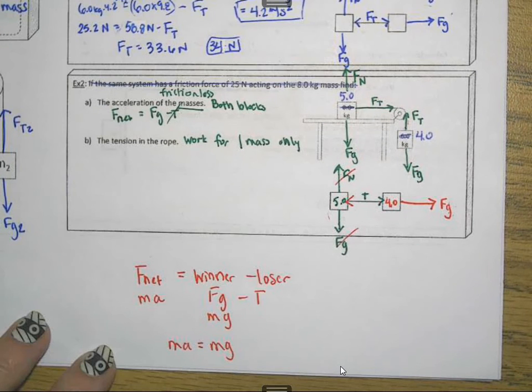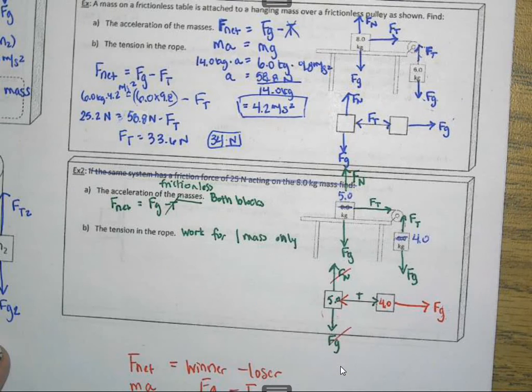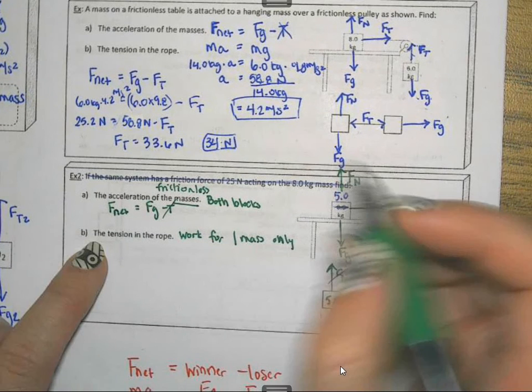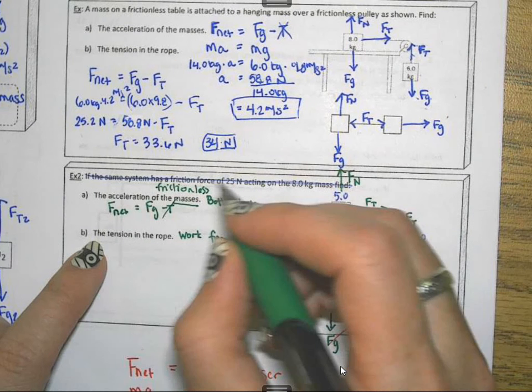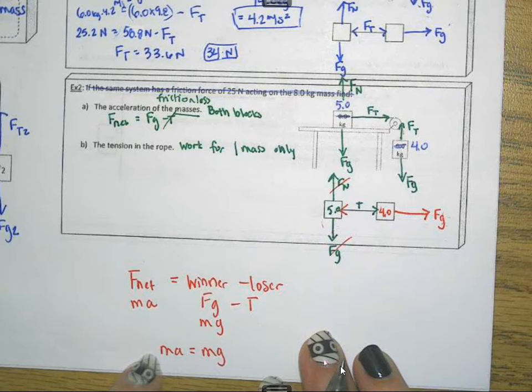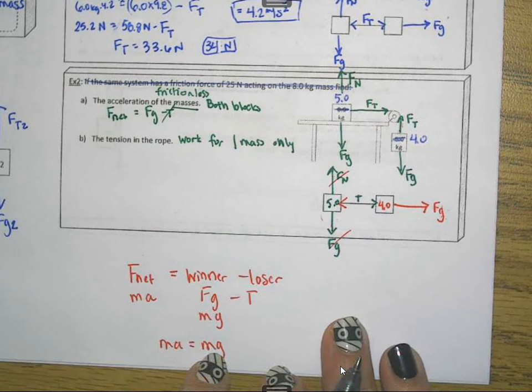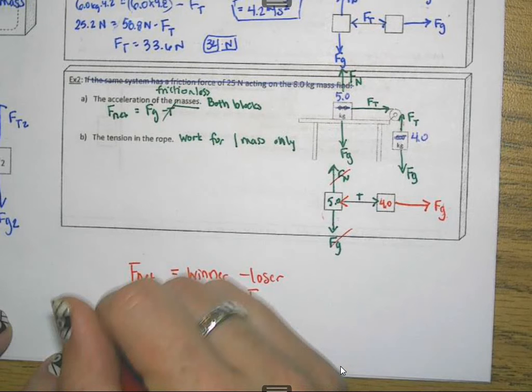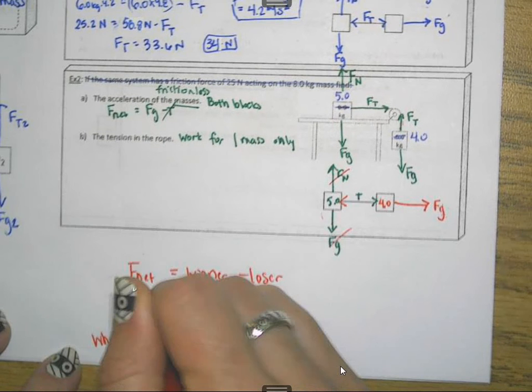So, go back up. I don't have much room up here. So, I'm going to refer down here. If that's okay, we'll leave it up like that. So, I've got ma is equal to mg. The difference is this is ma of the whole thing, and this is the mg of what?